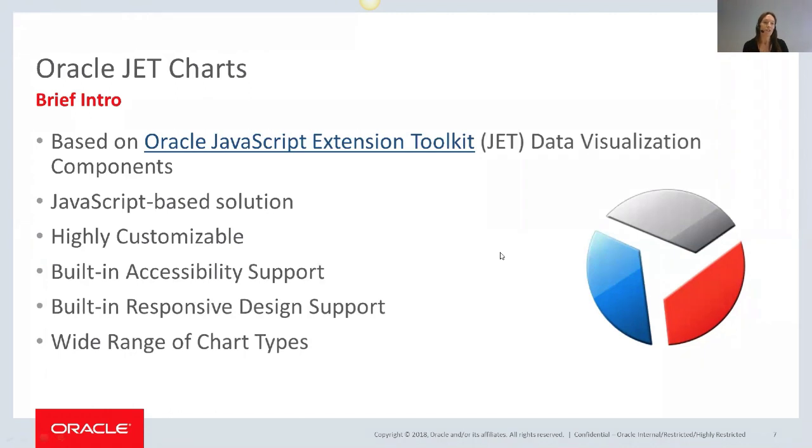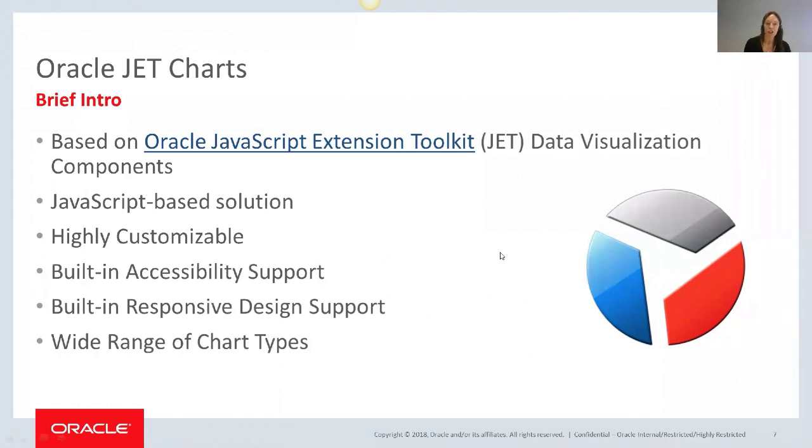Jet itself is geared towards more advanced customers with JavaScript skills. But with that said, as with all of our core components, they are declarative, and in Apex, you don't need to actually know JavaScript in order to utilize these charts.